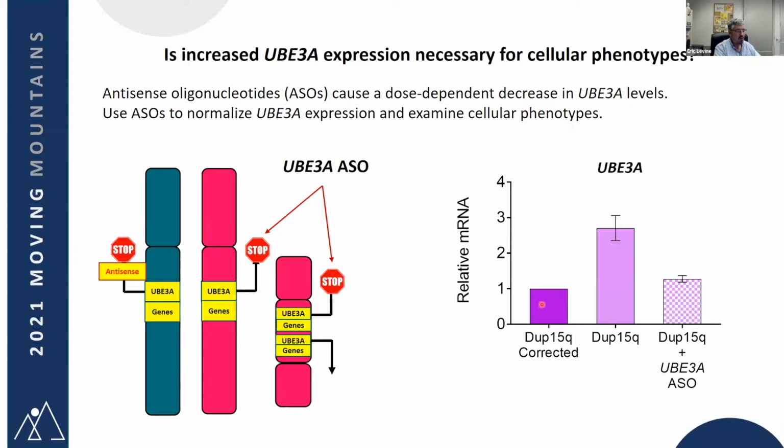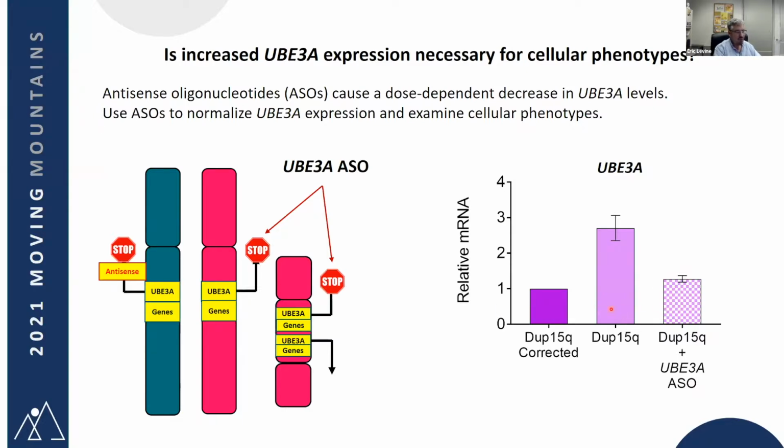That's what would be the typical level of UBE3A expression in these neurons from a single copy off the maternal allele. And again, working with Stormy's lab, we were able to determine a concentration of this ASO that reduces UBE3A levels about to the typical corrected levels. So it's no longer elevated, but it's not decreased either. It's right about where it should be.